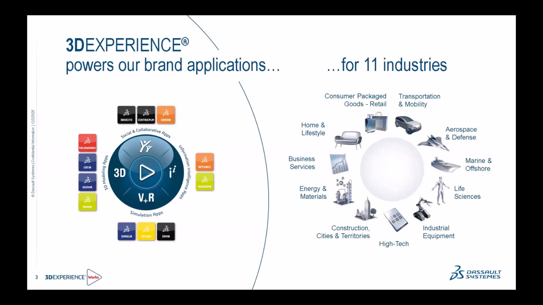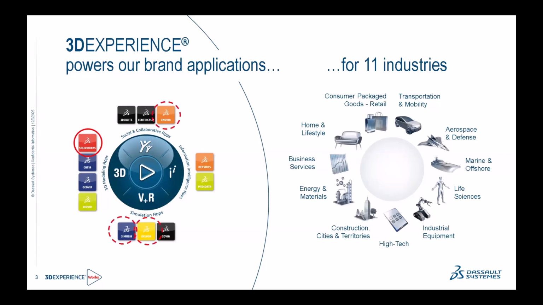We have 12 brands, and they allow 3D modeling, simulation, information intelligence, and collaboration. And we serve 11 industries. We have tailored solutions for every industry. Maybe today I will show you something about aerospace and defense, because I know that at this moment there is a lot of development in Ukraine in this field.